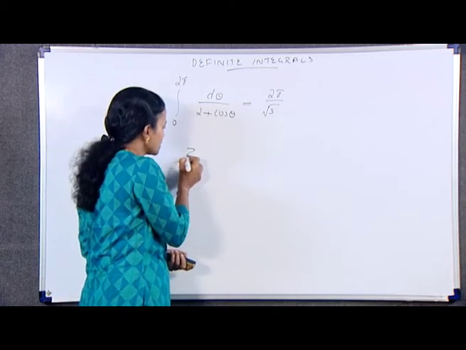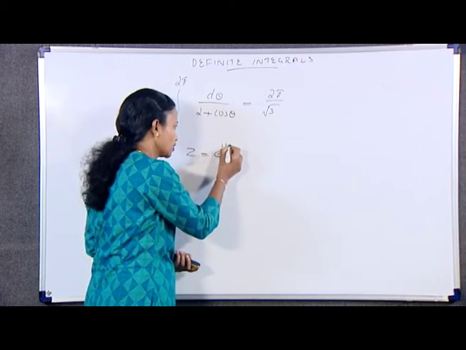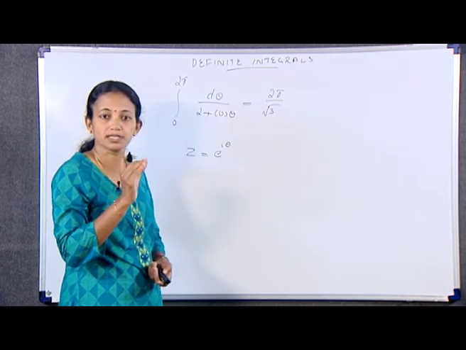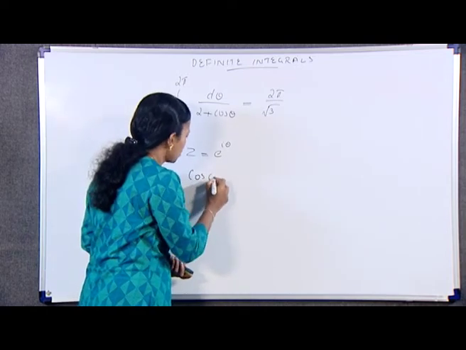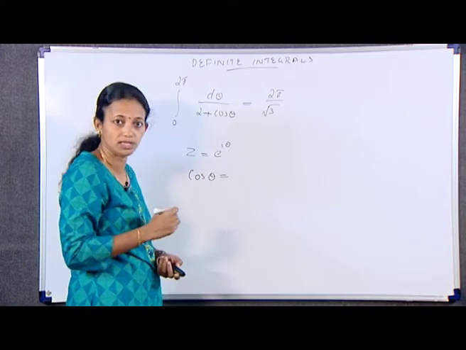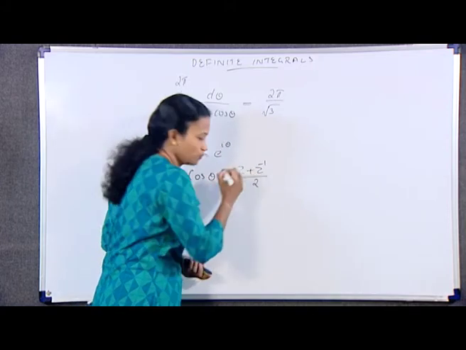Here first you put z is equal to e raised to i theta, where of course theta varies in between 0 and 2 pi. So, what about cos theta? We can write cos theta is equal to z plus z inverse by 2.